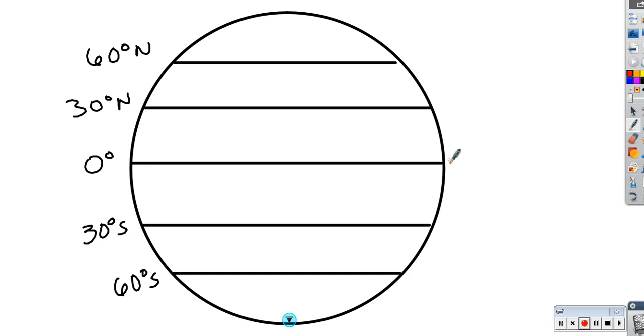So we start with the idea that warm air rises at the equator. That forms our first global pressure zone, a global low pressure zone at the equator. So low pressure is associated with stormy weather.